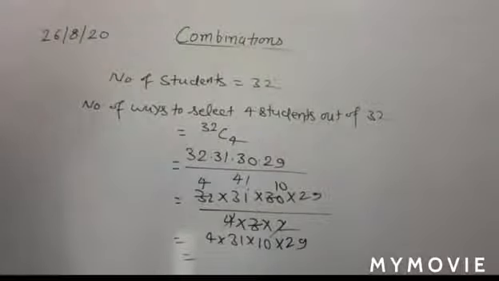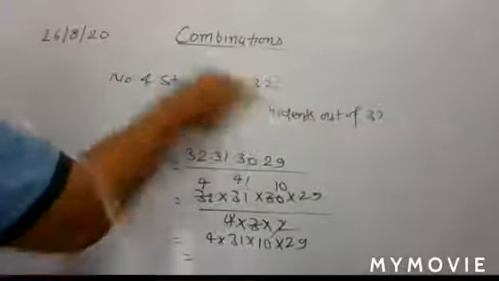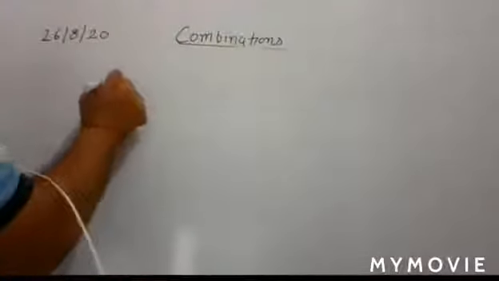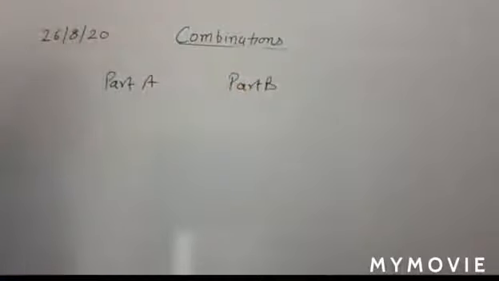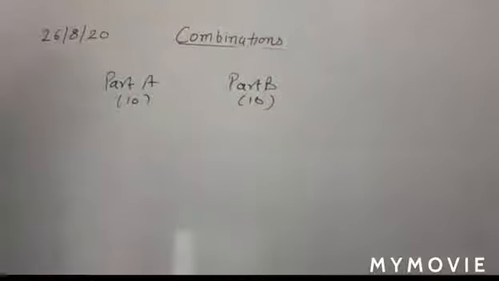Right, next question. A question paper has two parts, part A and part B, each containing 10 questions.